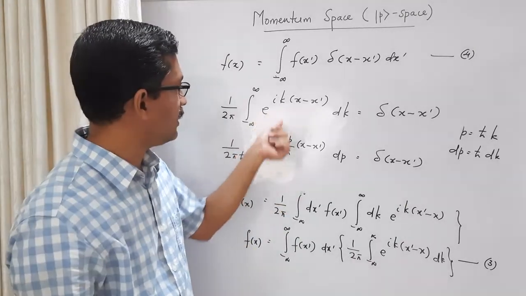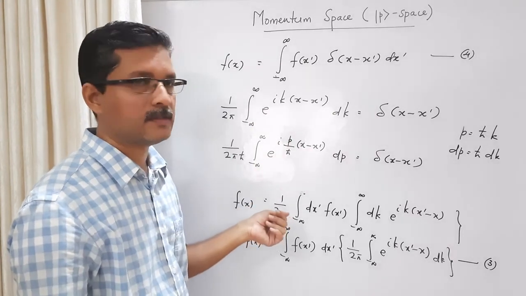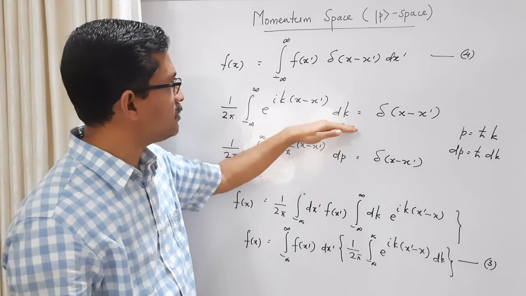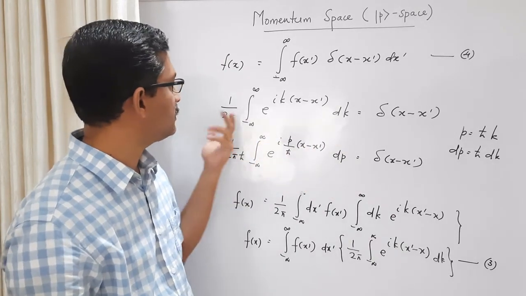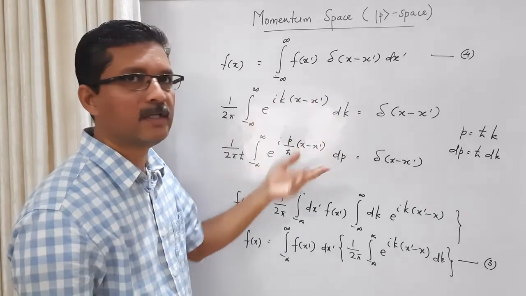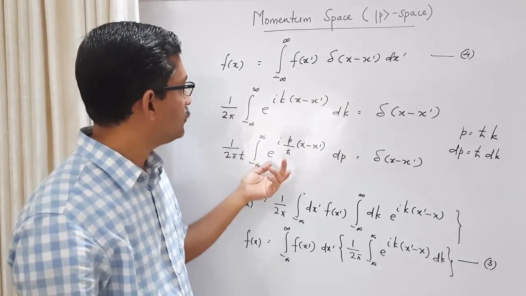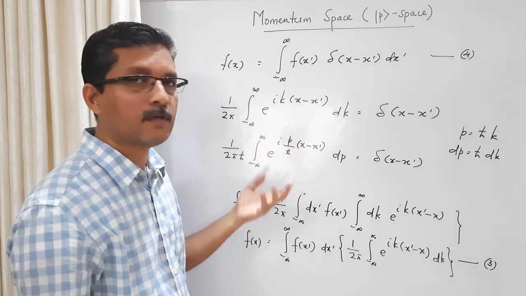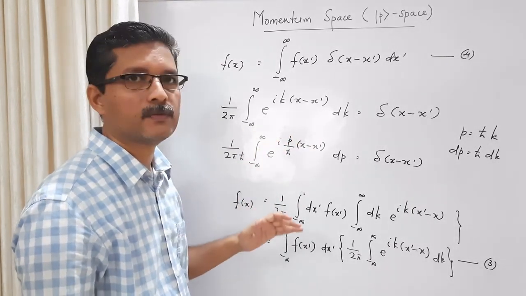Simply replace k by p by h cross. That's it. So this is the integral form, either this or this. The difference is only that of a constant. Either this or this can be used as the integral form of the Dirac delta function, and this we have used in that derivation.